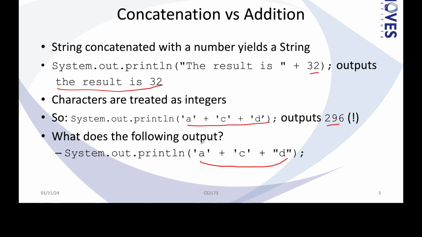It says, oh, a character is a number, so it'll produce a number. This piece will add two numbers together, take that number, and now this is a string. Notice this is not the character D, this is the string D, so I'm concatenating a number with a string. It'll produce whatever that number is followed by the letter D. I'll leave it to you to check all that out, but that's basically what it does.